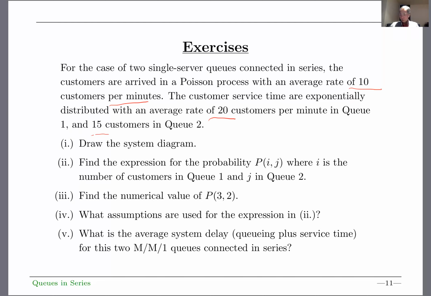I just ask you for some detail: the state transition and system diagrams, and the expression for Pij in terms of Q1 and Q2, and then find the numerical solution for this. I also ask you to look at what assumptions you use, and the queuing delay you can calculate.